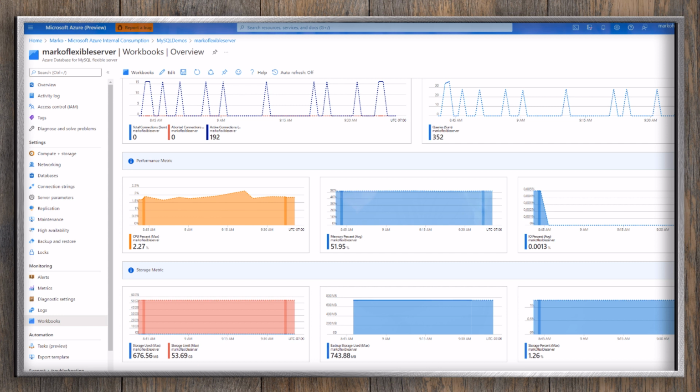MySQL Flexible Server offers three different compute tiers: burstable, general purpose, and business critical. Burstable tier is recommended for workloads that don't need the full CPU continuously. Typical examples are development environments, environments where you use MySQL in a proof of concept, and applications with low concurrency workloads.